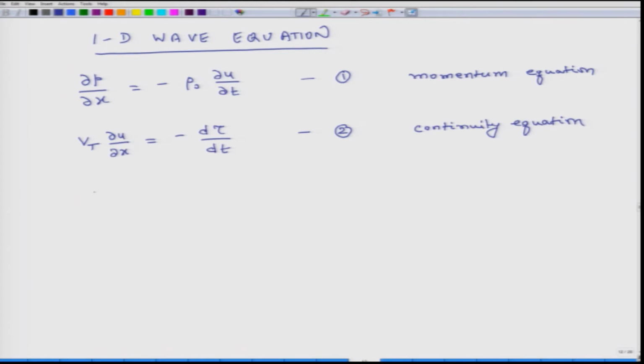And the third equation was partial of pressure with respect to time equals minus P naught gamma over V t d tau over dt. So, that is the gas law for adiabatic process.